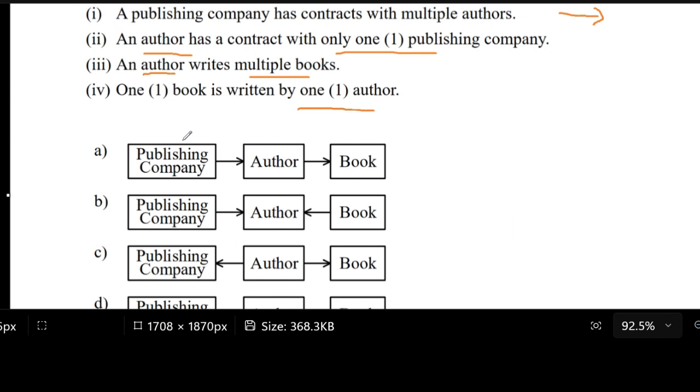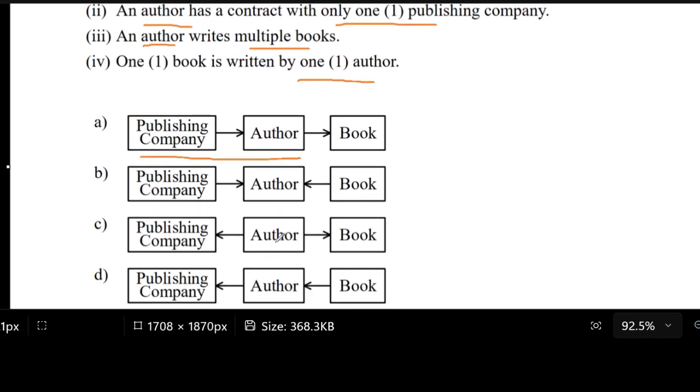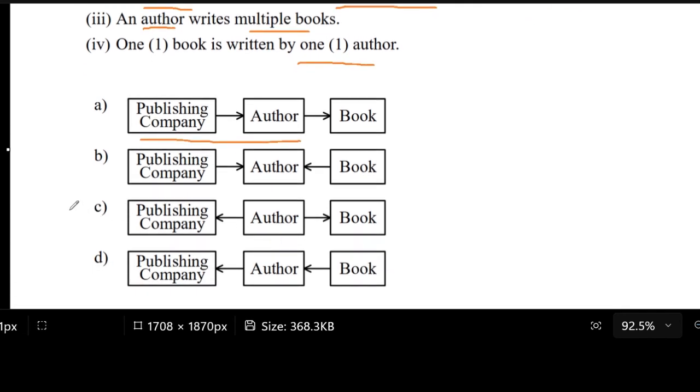So this part here looks okay. And this one is incorrect because it's going in the reverse. And this one as well. So we now are left with letter A or letter B.